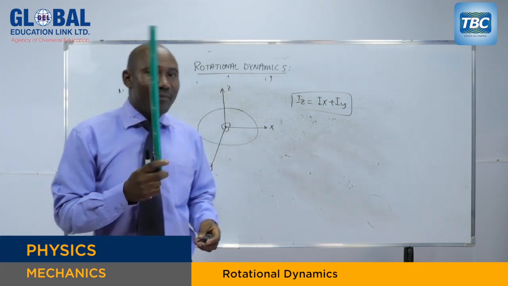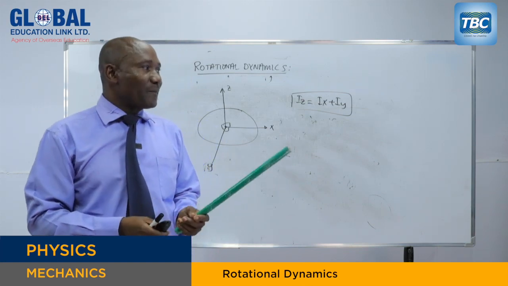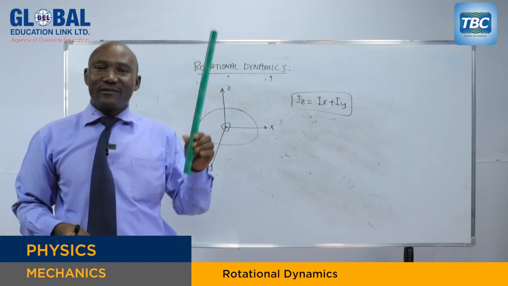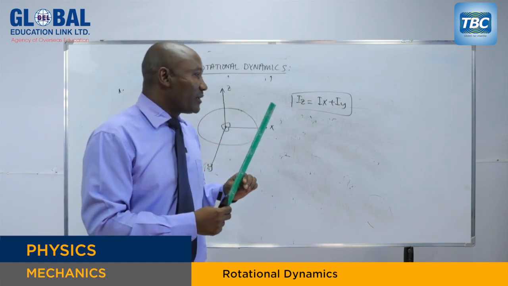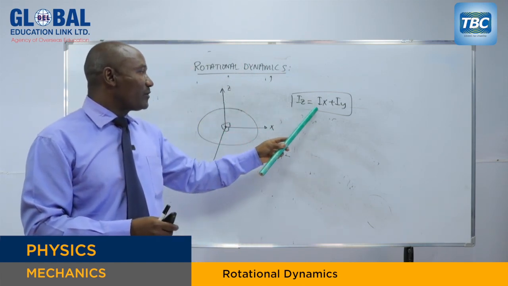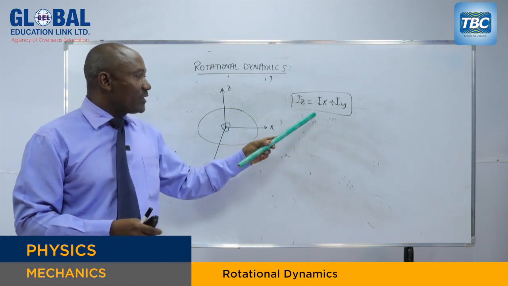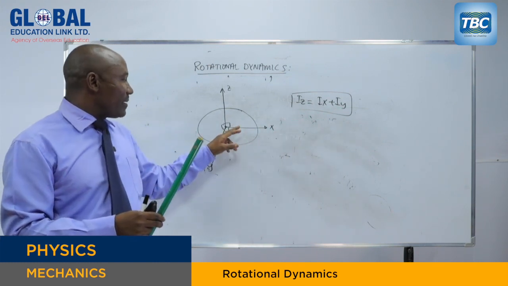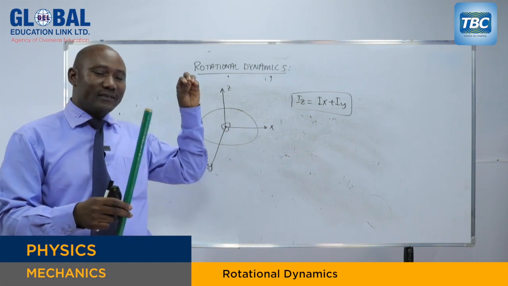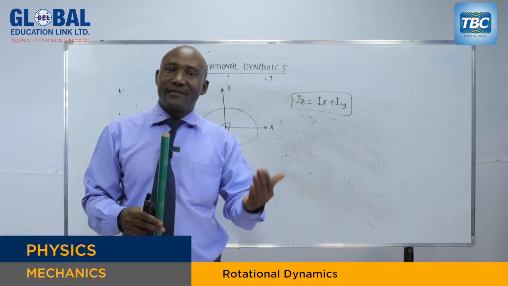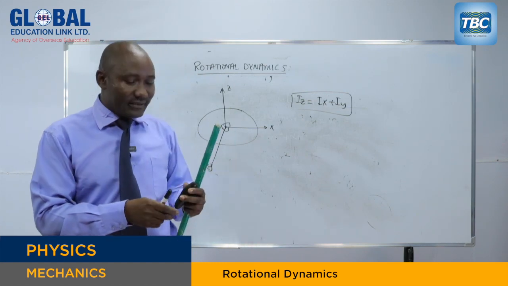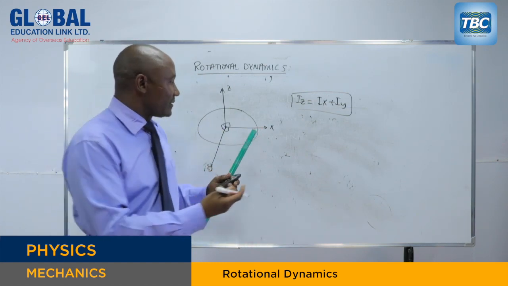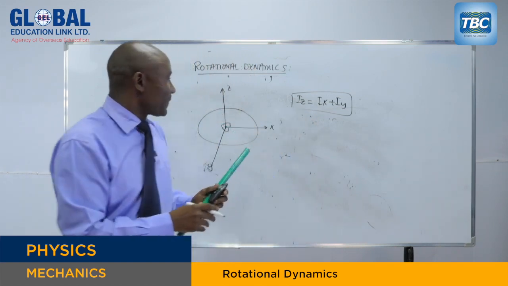So the condition is that the axis which is perpendicular to the plane should equal the sum of the moments of inertia of the two axes, which are perpendicular to each other, but they must intersect the first one.